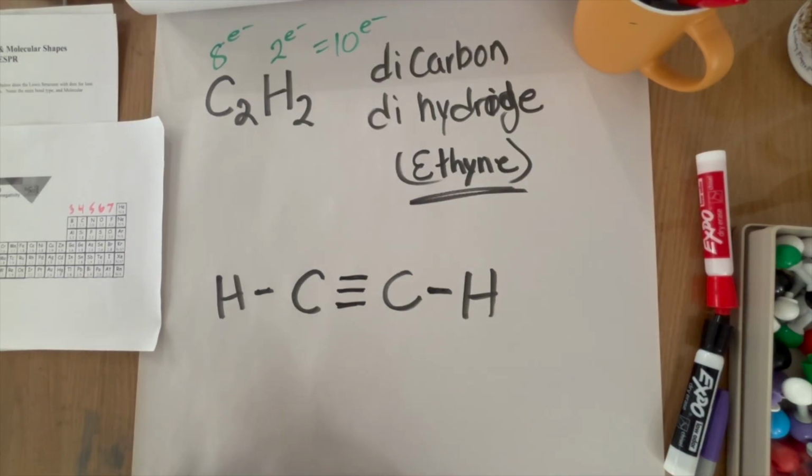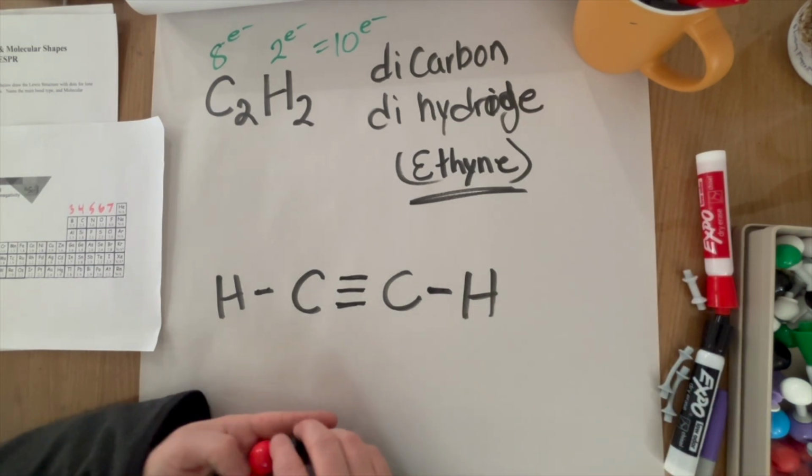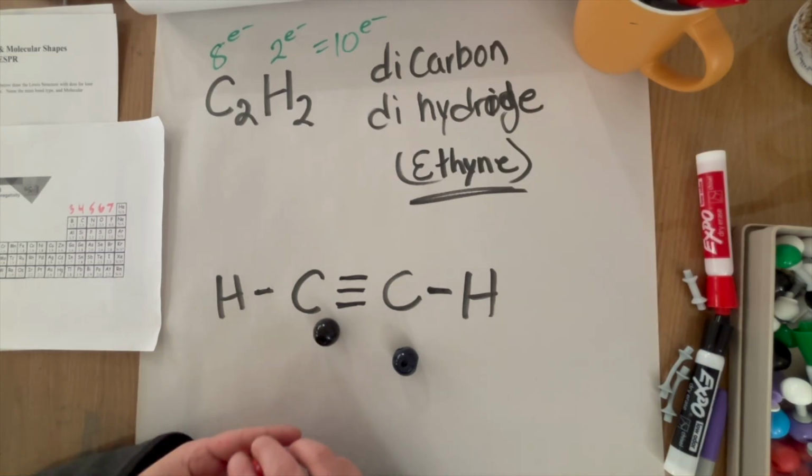So let me see if I can show this very well. Okay, this is a carbon. You know what, let's talk about the type of bond we had here too. We didn't really talk about that in my last question. Okay, so we have 2 carbons here.